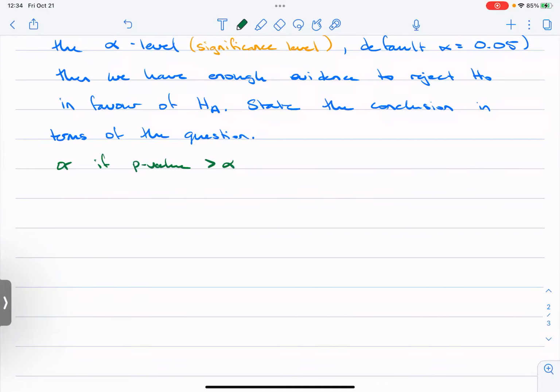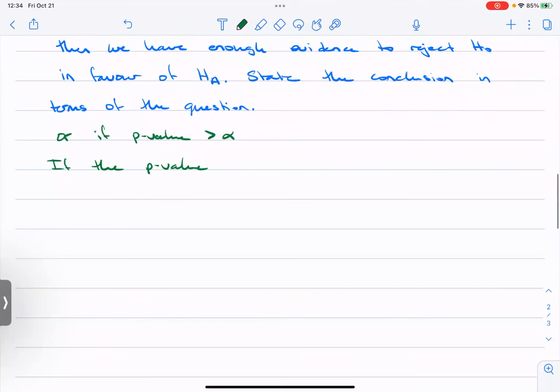If the p-value is greater than alpha, we do not have enough evidence to reject H naught, right? Because if it's greater than a 5% chance, then it's probably just happened by random chance.